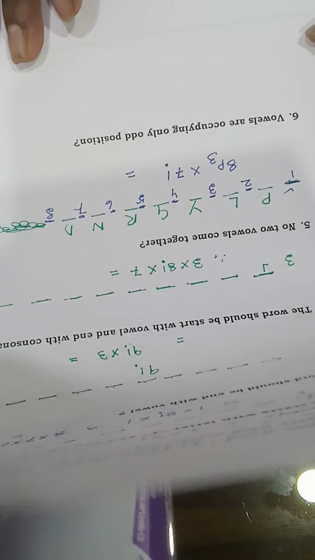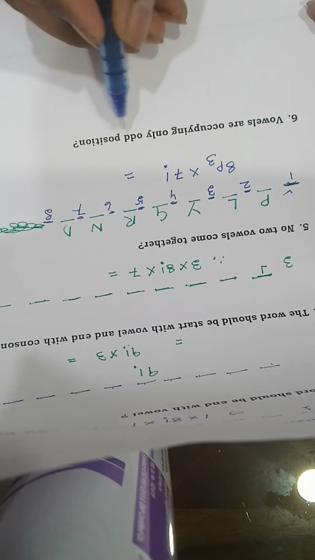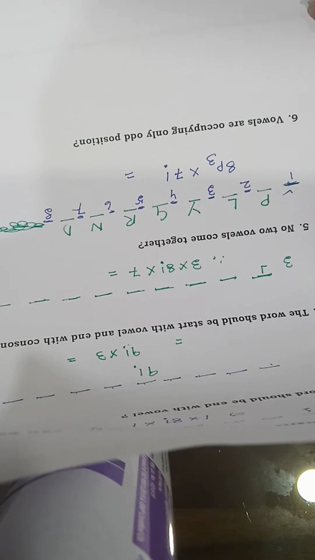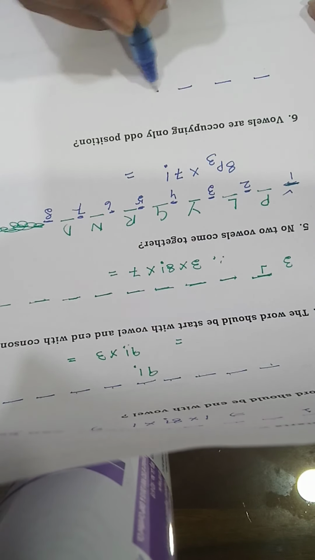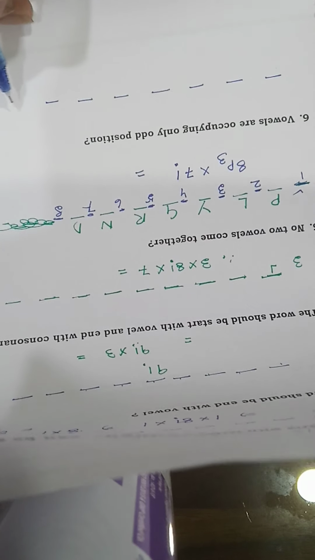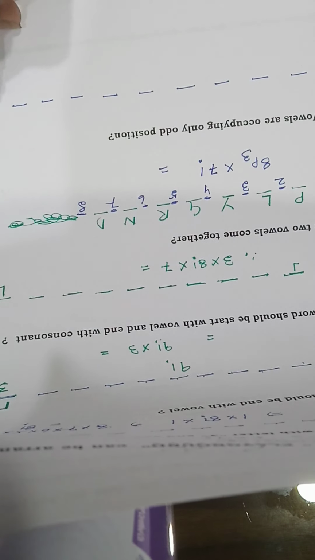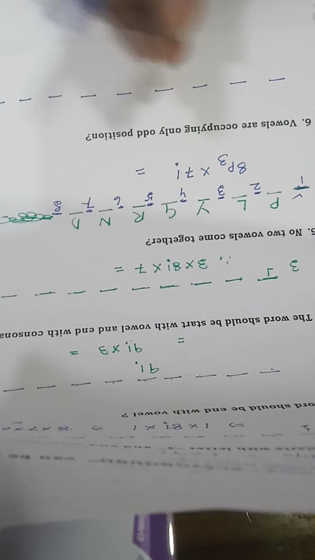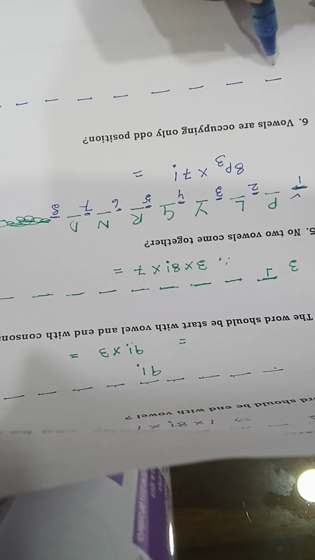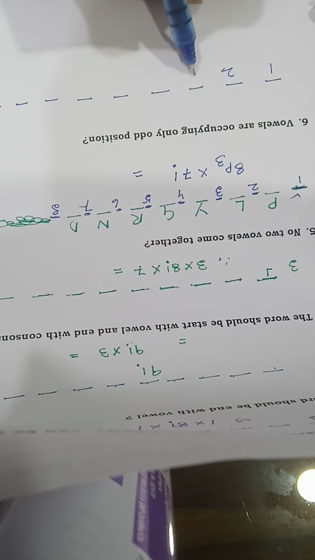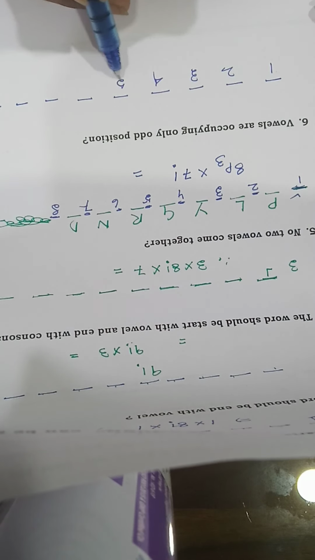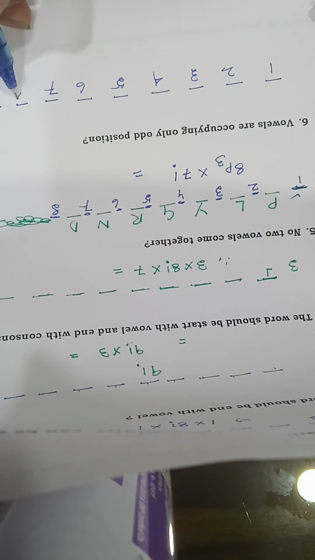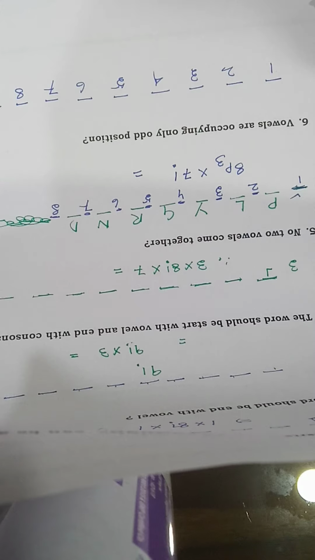Okay. And the sixth and the last one: the vowels occupy only the odd positions. Odd positions means again 1, 2, 3, 4, 5, 6, 7, 8, 9, 10. So in 10 positions, 1 to 10, what are the odd positions here?